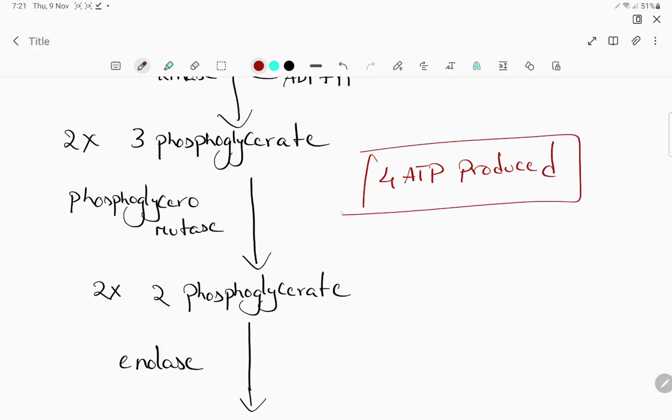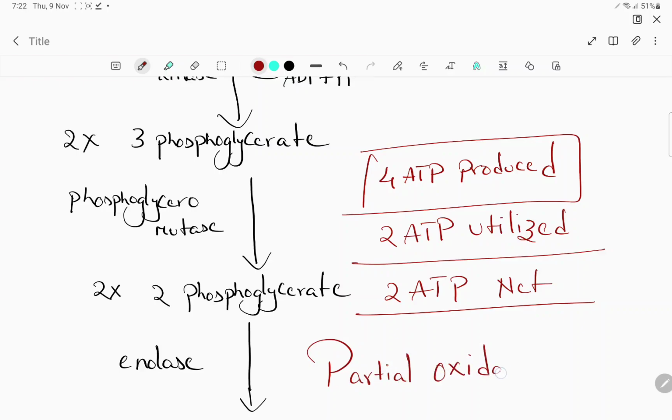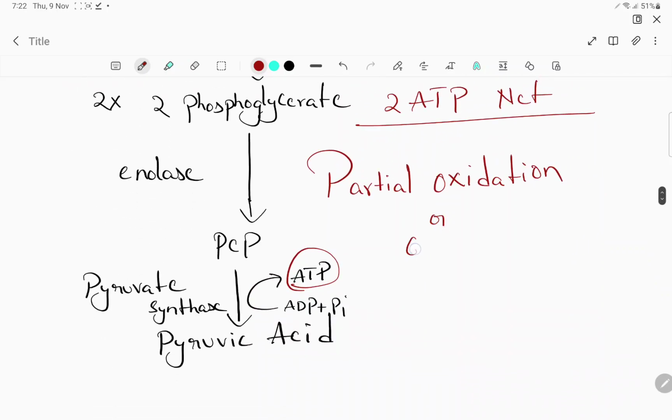So 2 ATP utilized, so the net will be 2 ATP of partial oxidation. Now we talked about partial oxidation or glycolysis or EMP pathway, Embden-Meyerhof-Parnas pathway.